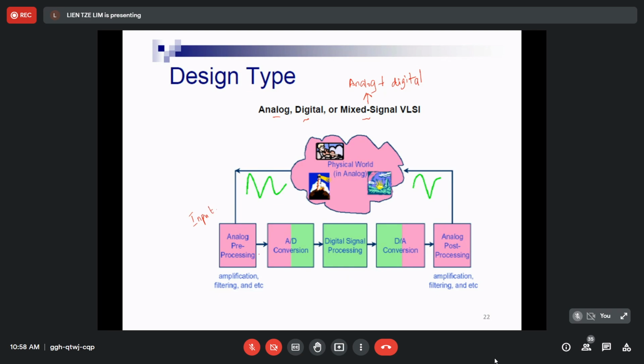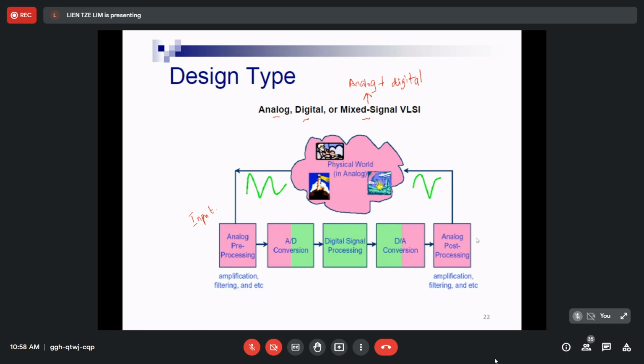These analog signals will undergo ADC conversion. After it has been converted to digital signals, there will be digital signal processing in the middle. And then after processing, if we want to output these digital signals, we need to convert them back to analog signals. So at the output here is the analog signal.